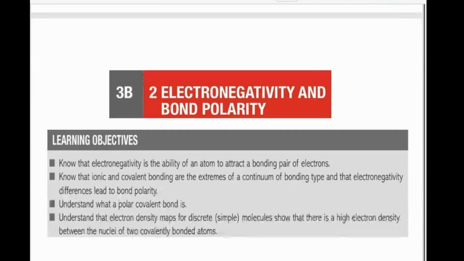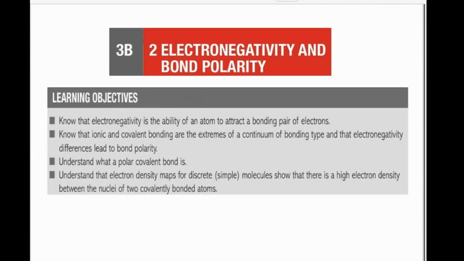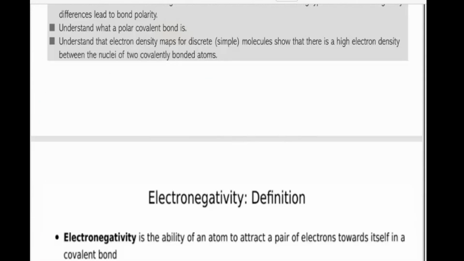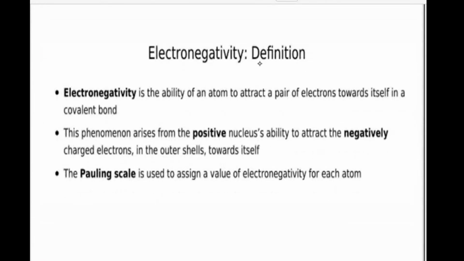Okay, here we are talking about electronegativity. These are the learning objectives which I have taken from your book, and they are aligned with your syllabus as well. Now let's go back to electronegativity and its definition. They often give you the definition.